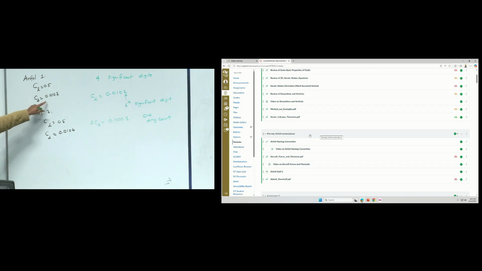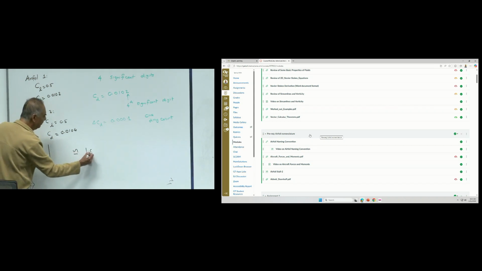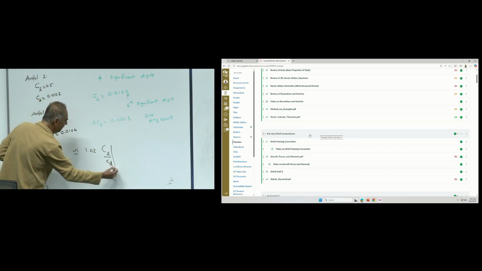On the other hand, even though this looks like a very small difference in the fourth digit, the L over D is going to be 2% off, okay? CL over CD of airfoil 2 is roughly 1.02 times CL over CD of airfoil number 1.